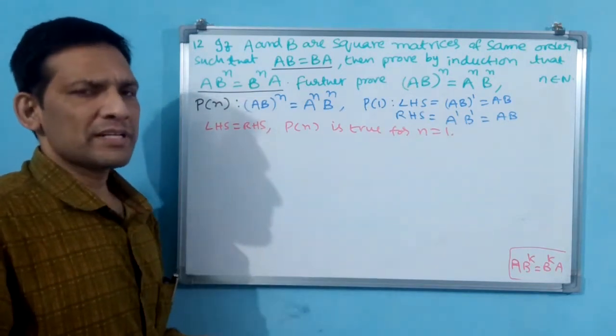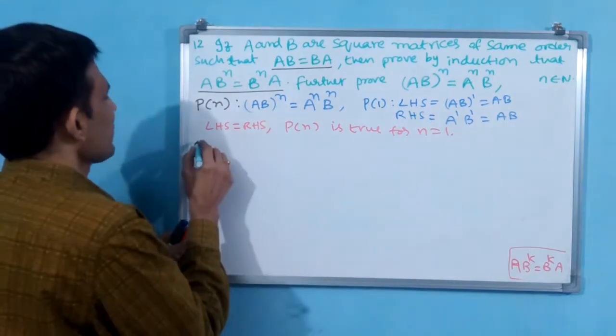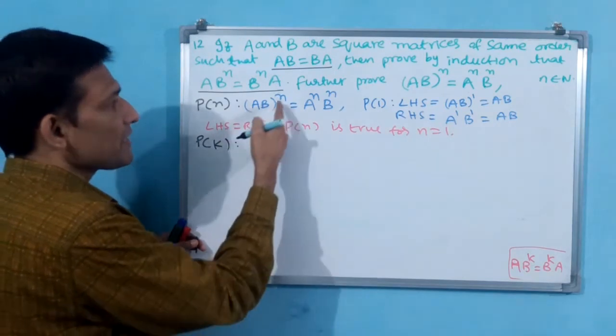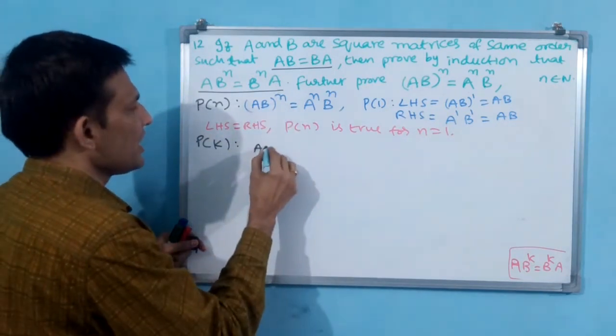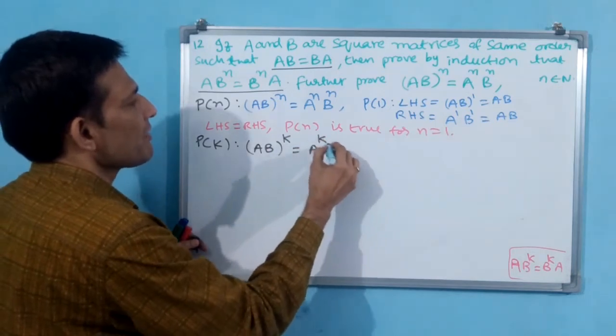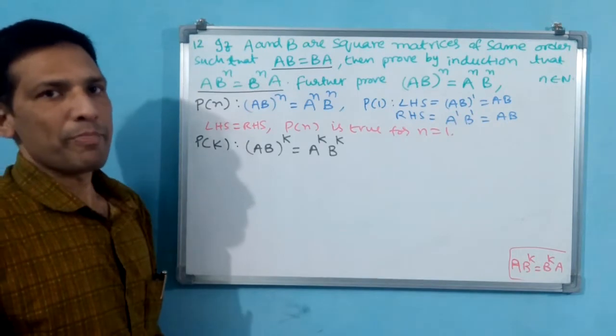Next step is P of k. Write down P of k: wherever n is there, you have to keep k. AB whole power k is equal to A power k, B power k. Is it okay?